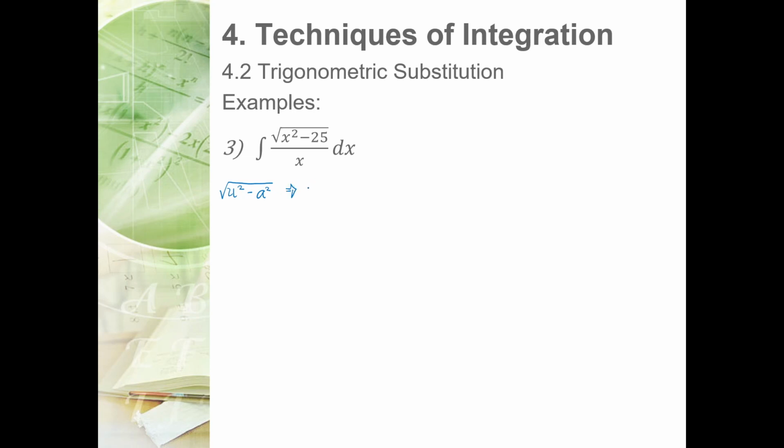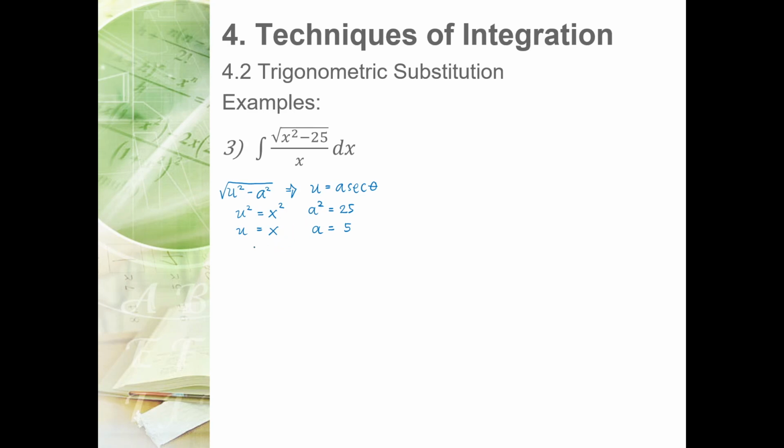So again, the formula for this one is u is equal to a secant theta. So identifying the different parts, u squared is x squared, u then is equal to the x variable, a squared is equal to 25, and then getting the square root, a is equal to 5.